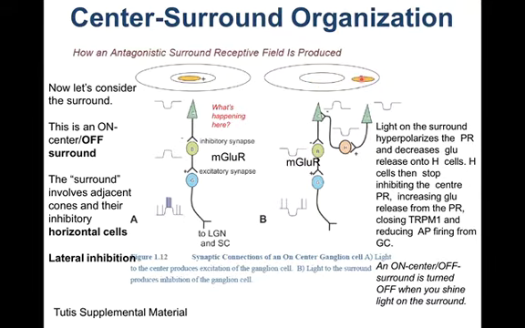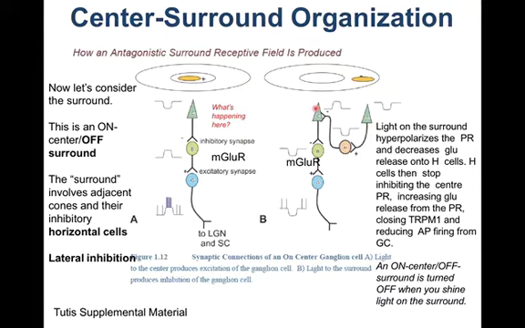We're not shining light on the center, we're shining light on the surround. So you can imagine your central cone being in the dark and doing what cones do in the dark. In the dark, photoreceptors are depolarized.